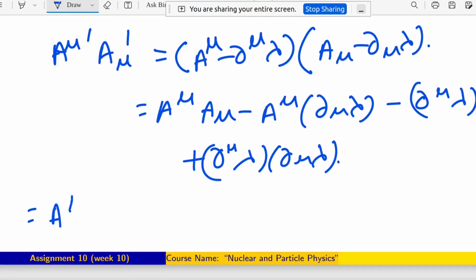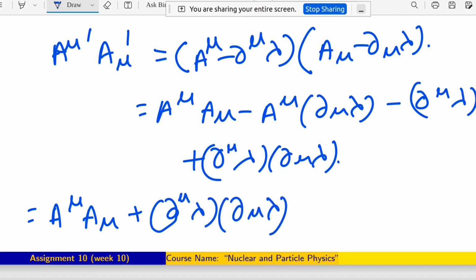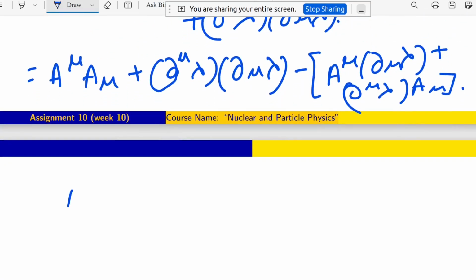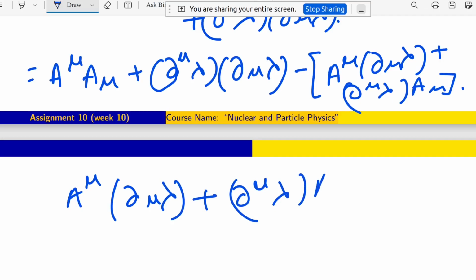So it will be A mu A mu minus A mu del mu lambda minus del mu lambda A mu plus del mu lambda into del mu lambda, right? So it will be nothing but A mu A mu plus del mu lambda del mu lambda minus A mu del mu lambda plus del mu lambda into A mu. I am just writing this part explicitly, del mu lambda into A mu.